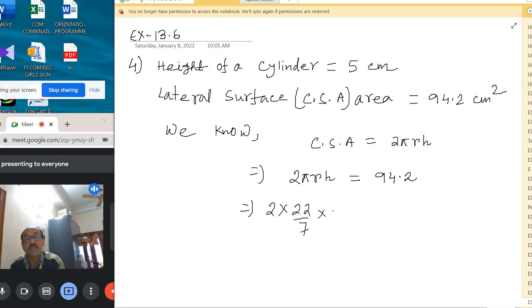So r only we have to find, radius. Height is given, height is 5, and one thing, pi value is 3.14, not 22/7, because it is given in the question.